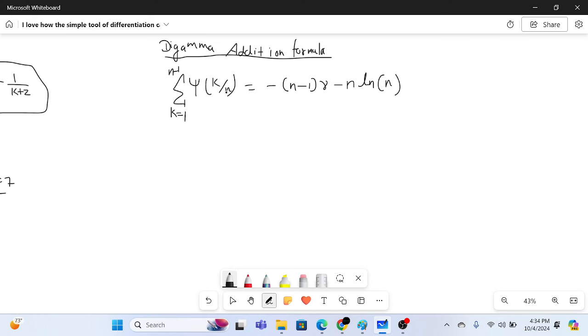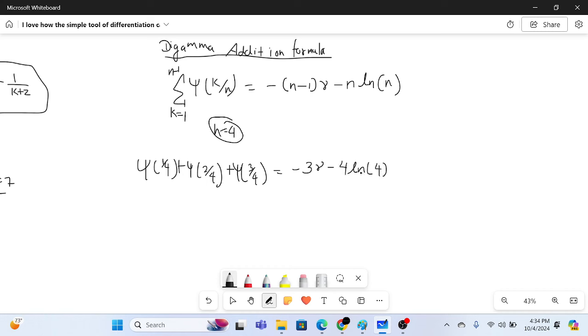So for that we need to put n as 4, right? Putting n as 4, what we get is digamma of 1 by 4 plus digamma of 2 by 4 plus, this will go up to 3, digamma of 3 by 4, equal to minus 3 times the Euler-Mascheroni constant minus 4 ln 4, right?